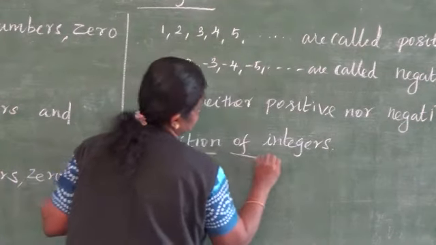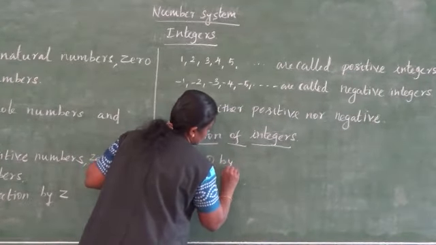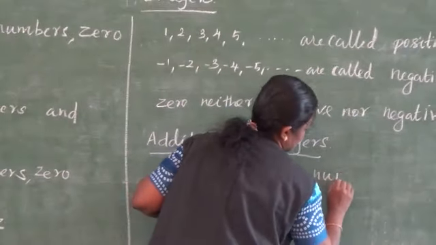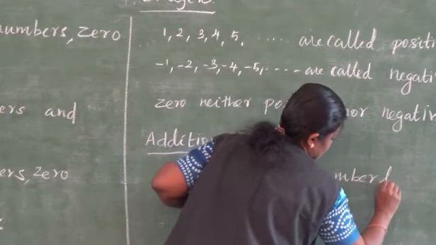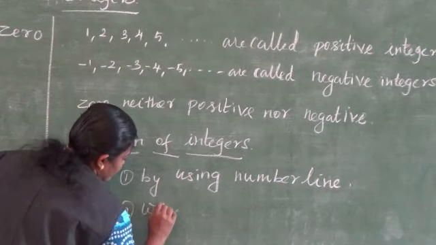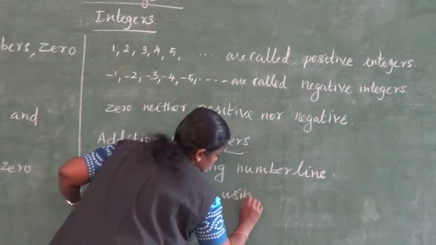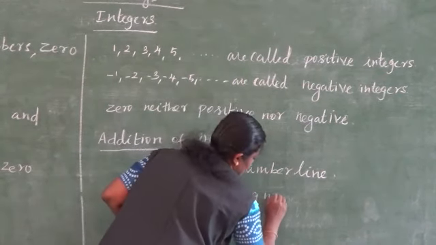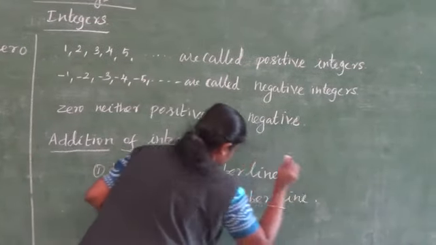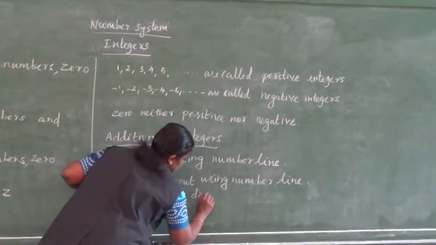We can add the integers two different methods. One is by using number line. Second one is without using number line, that is by doing calculation.